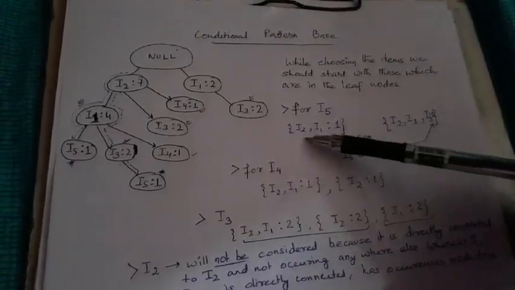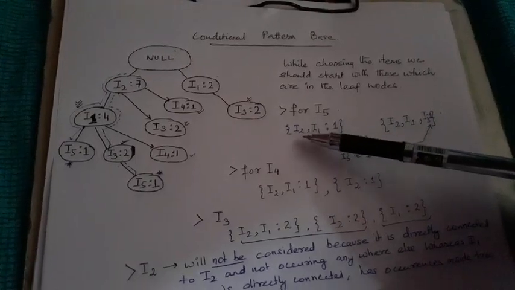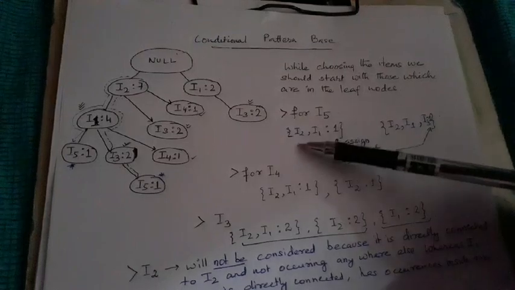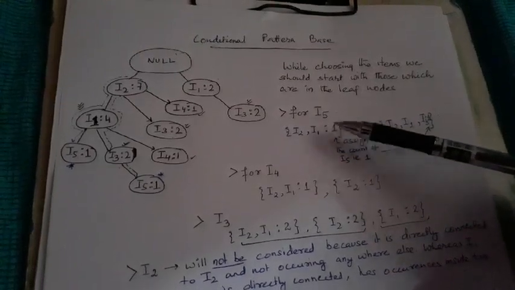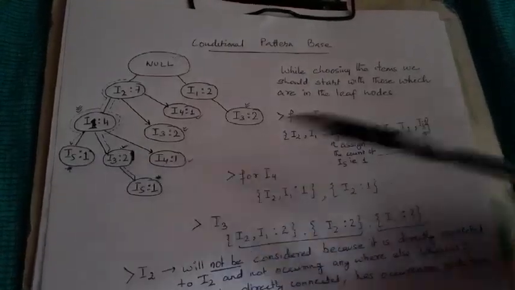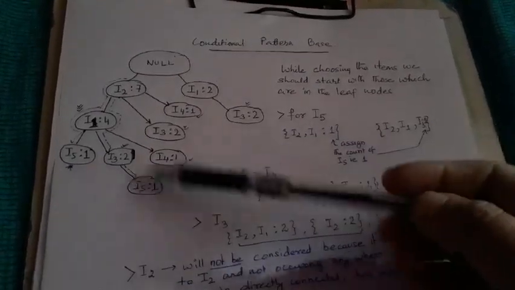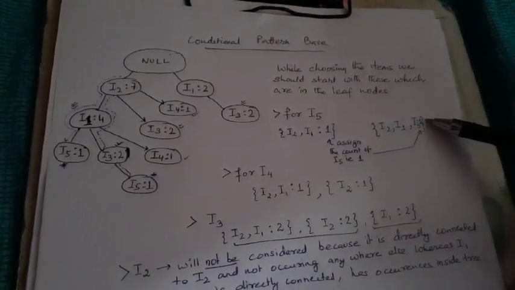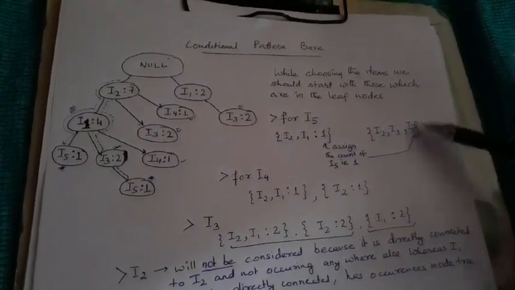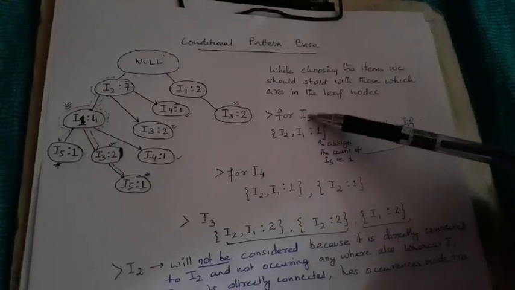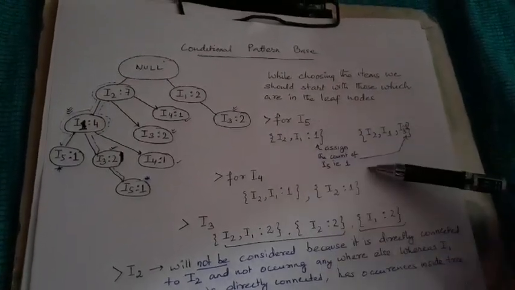After writing the nodes we write the count, which will be the count of I5. I5 here is 1, so we put 1. Similarly for I2, I1, I3 the count is 1. It's not properly visible, but it's 1. So 1 in both cases.